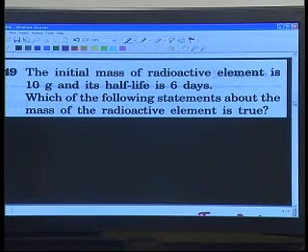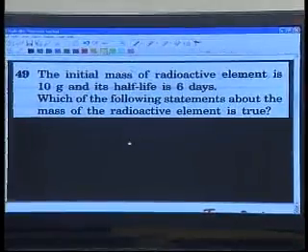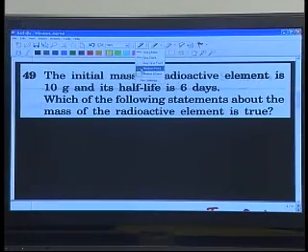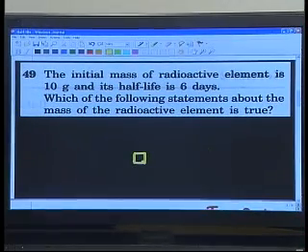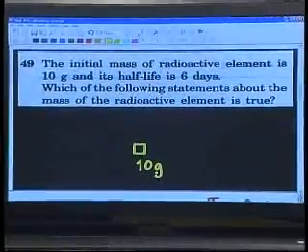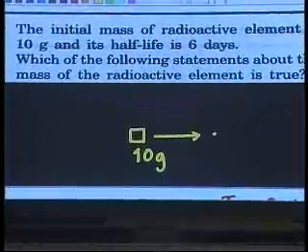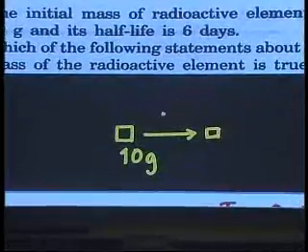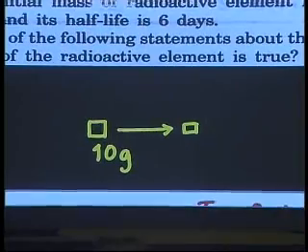Let's look. Initial mass of a radioactive element is 10 grams. Alright, so now we start with 10 grams. I just draw a box, okay? So we start with 10 grams. Half-life, 6 days. So after 6 days, what happens?